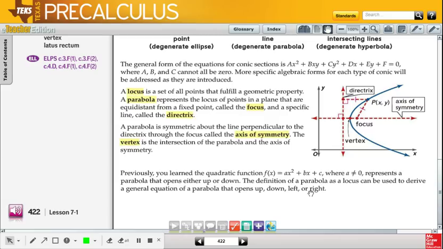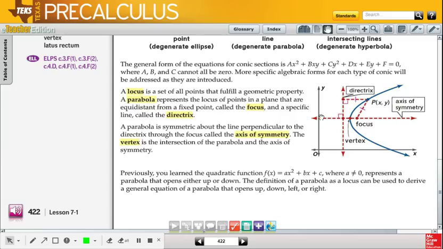So what it means is that in Algebra 2 and previous sections, you see a parabola only opens up or down. But here in this section, you will see that it can open up, down, left, or right. So we don't have to worry about if it's a function or not. We're just going to worry about the equations of the parabola. And the same thing would apply for circles, ellipses, and hyperbolas.